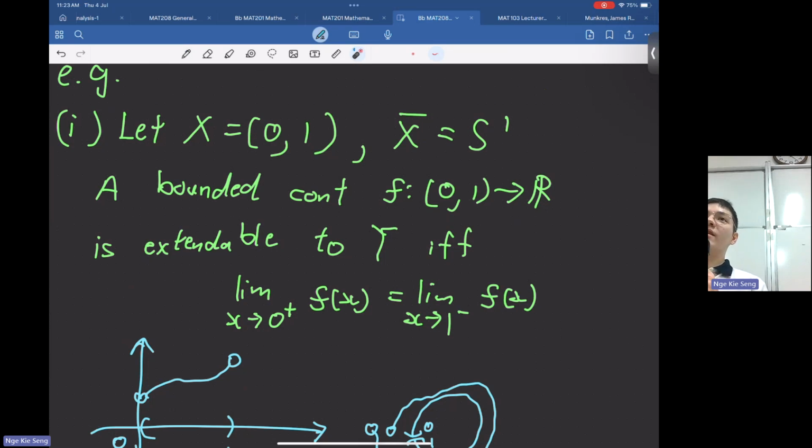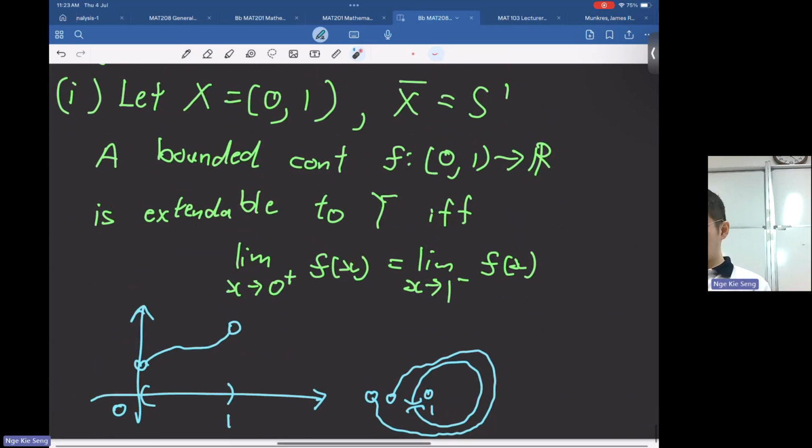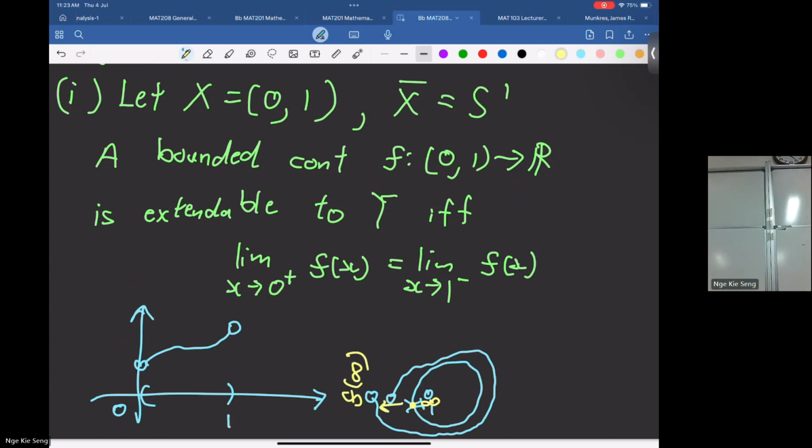We gave an extra point there. It's not 0, it's not 1. It's an extra point. You know how we join these two lines together? We add an extra point here. We call it infinity. If the limit from the right and left exists, only then can I define this f infinity here, and I define it to be this two limit here.